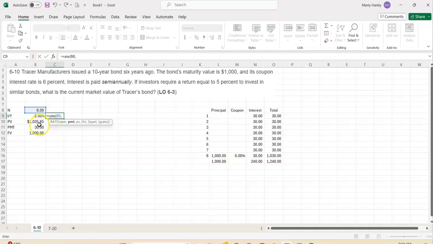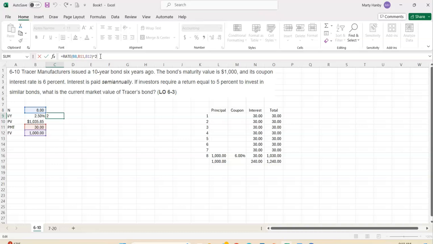Then my payment is the $30, comma, future value, and it does have a place for a guess, but that's unnecessary. The important thing here, since we're doing semi-annual, to annualize it, we multiply it by 2.